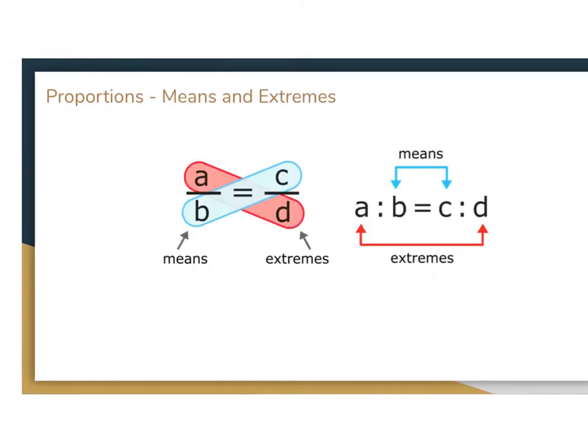A few vocabulary terms to be aware of. When we talk about the means of proportions, we are talking about the inside two variables, which correspond to B and C. And then the extremes are the outside two, which correspond to A and D. So make sure that you have those in your notes.